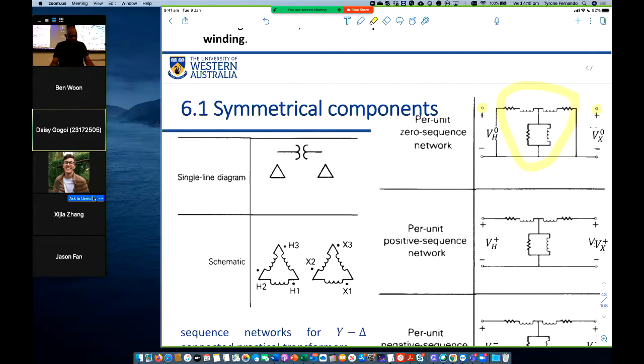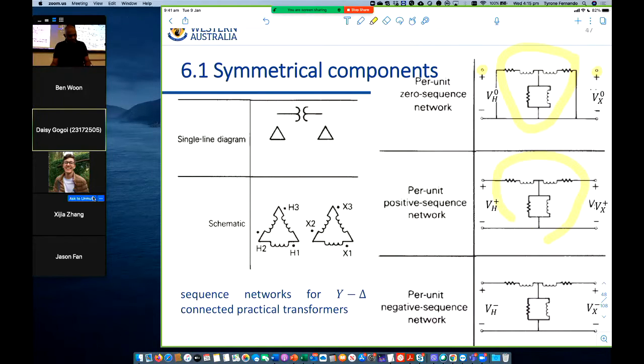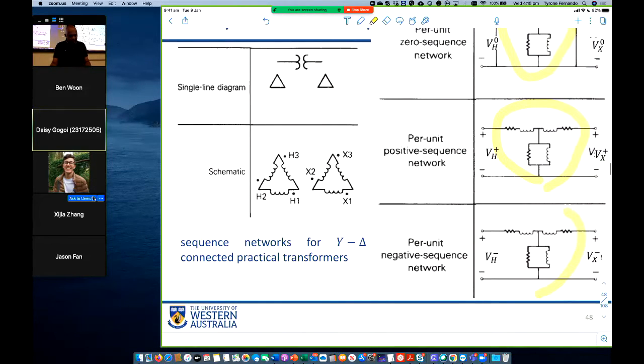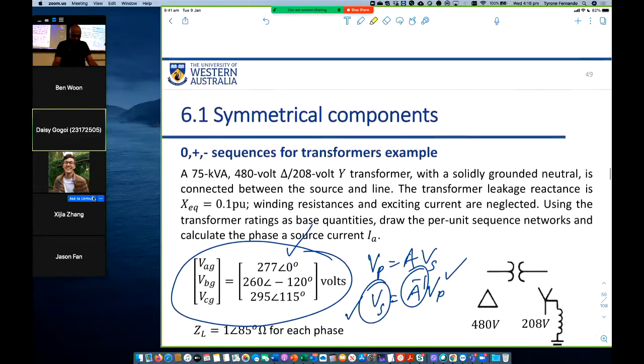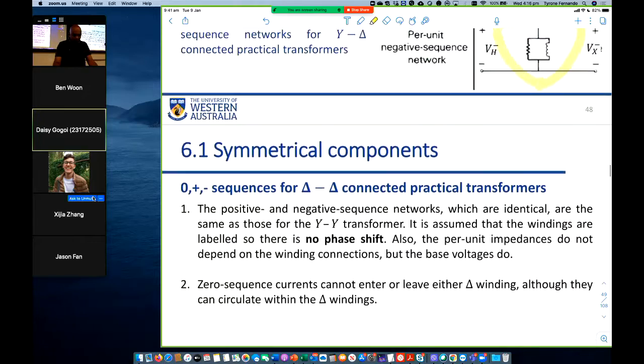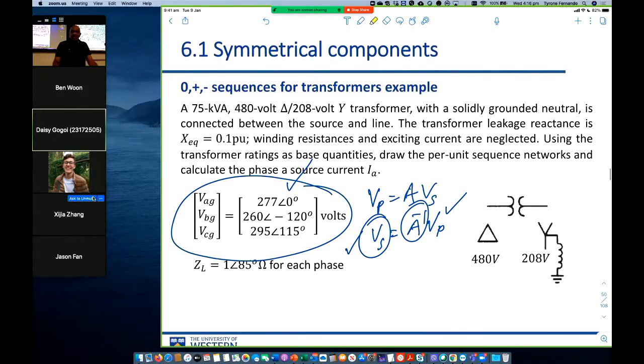The positive sequence circuit is the transformer equivalent circuit, and so is the negative sequence, and the positive sequence impedance values and the negative sequence impedance values will be applicable in this situation. We'll go into those elements and represent the impedances of those elements. All right. So now we have looked at zero, positive and negative sequence circuits for transformers as well.